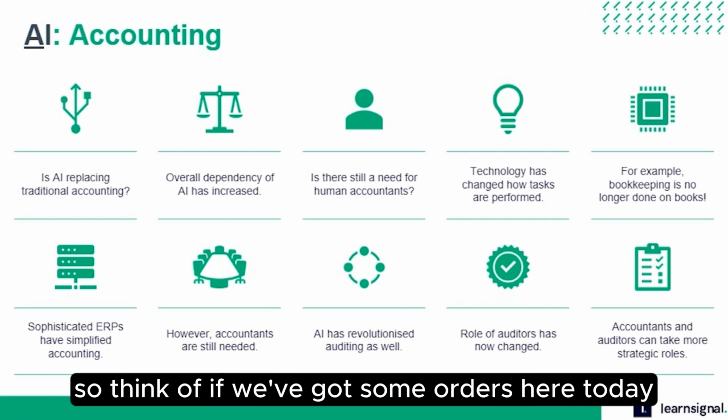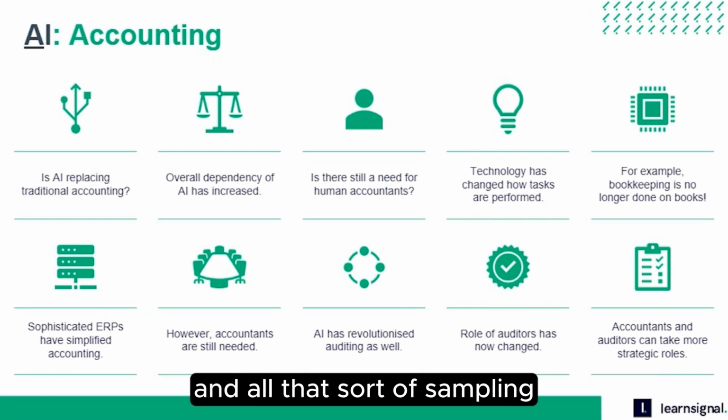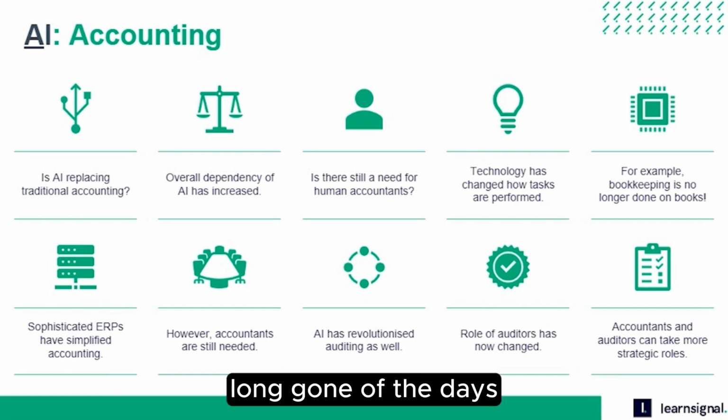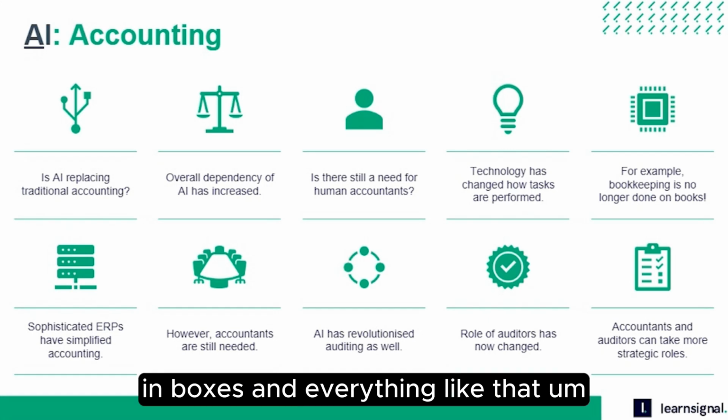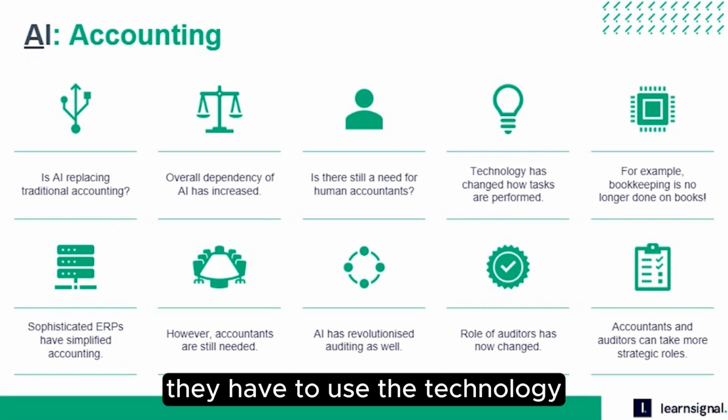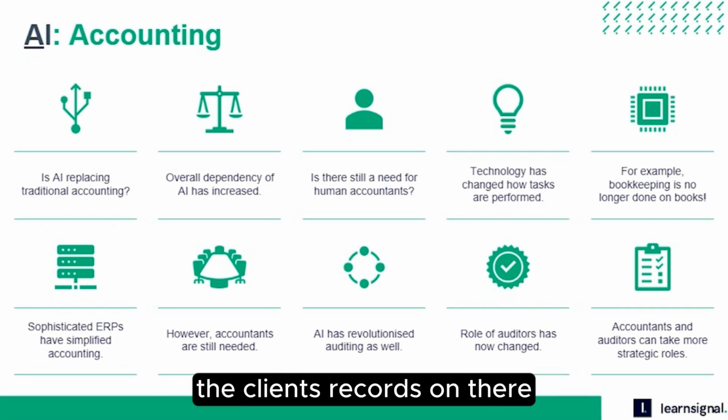So if we've got some auditors here today, think of all that sampling and going through the client records, and long gone are the days, hopefully, of in boxes and everything like that. But the role of auditors has now changed, as they have to use the technology to go through the client's records.